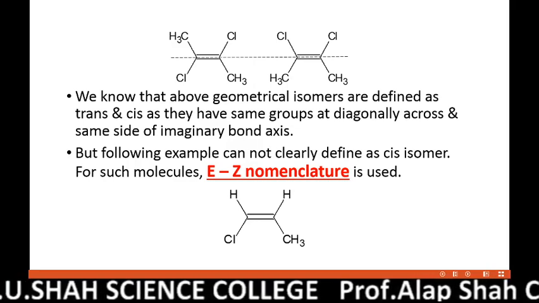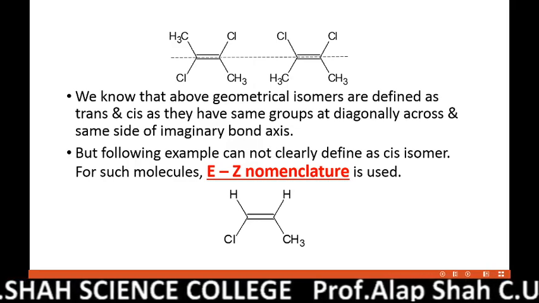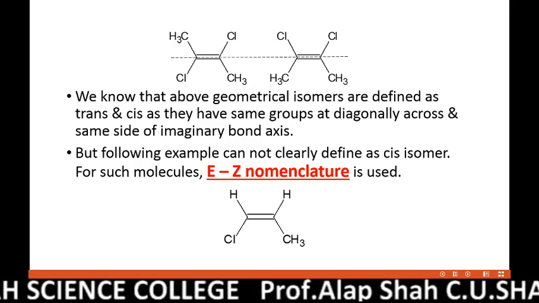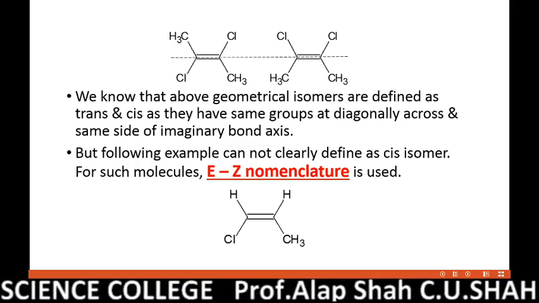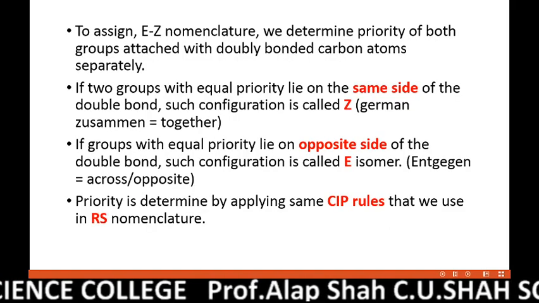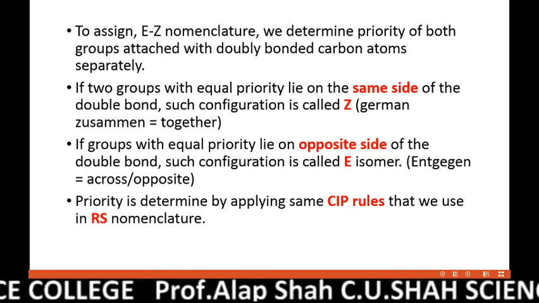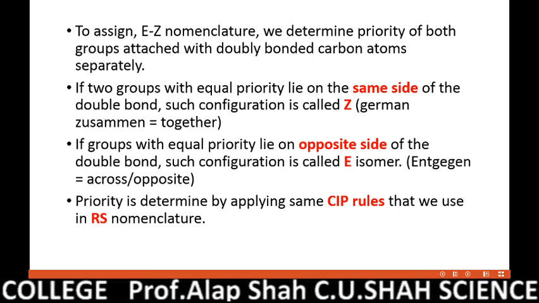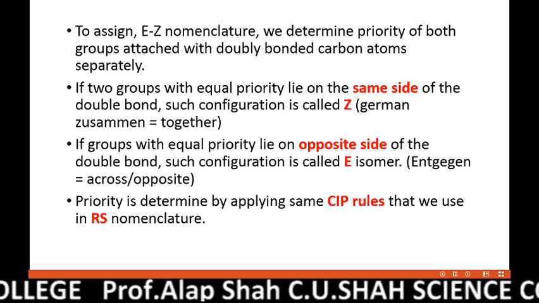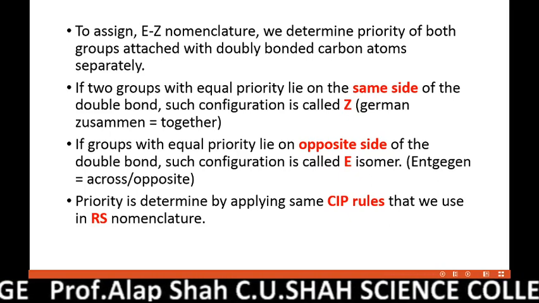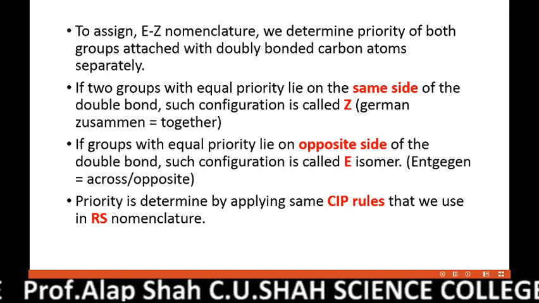So now you should understand when EZ nomenclature is used. So how can we use EZ nomenclature? First of all, to assign EZ nomenclature, we have to determine the priority numbers of groups attached to both doubly bonded carbons.